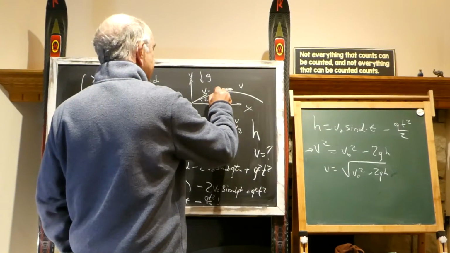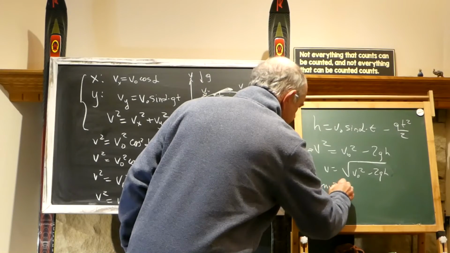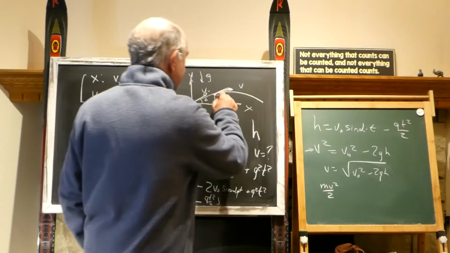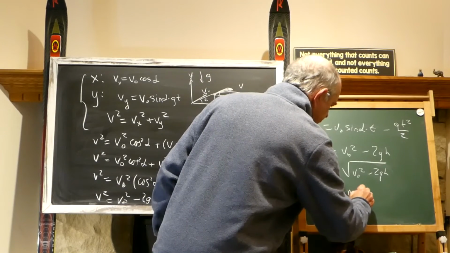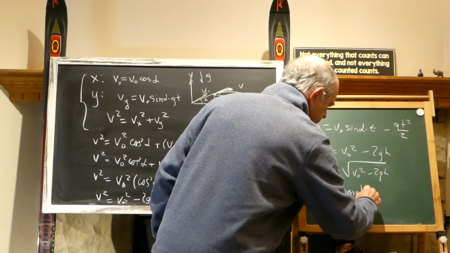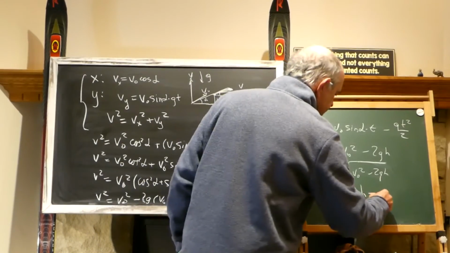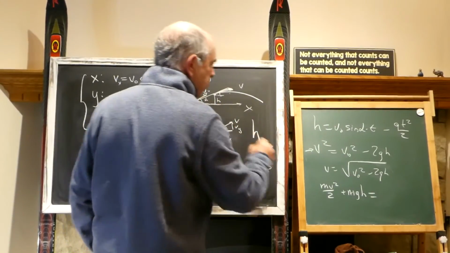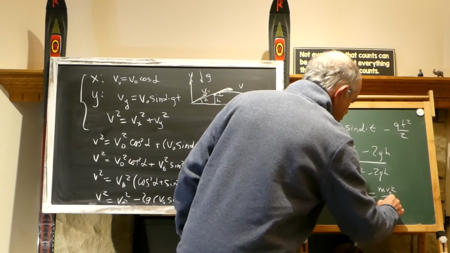Because at that point, we have kinetic energy mv squared over 2 plus potential energy, body mass m, height h, equals initial energy at that point, mv0 squared over 2.